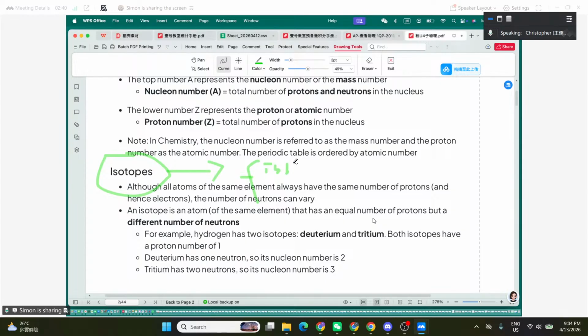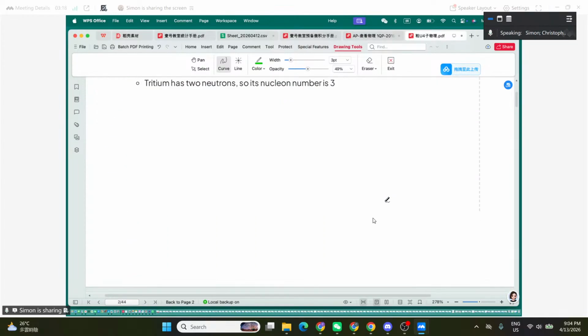If the atom has more neutrons, because the neutron has greater mass, that will cause the atom to become unstable. And if the atom becomes unstable, it will undergo a reaction, the fusion, which goes from one nucleus to multiple nuclei, and this process we call the fusion. Understand that?